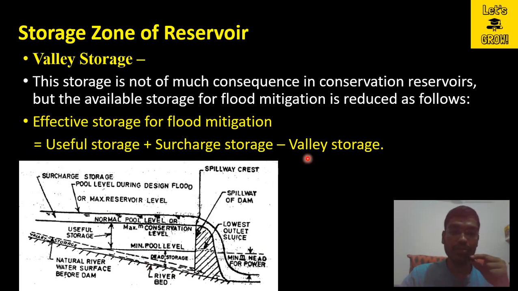So we have to subtract the valley storage also, because the dam's storage is the useful storage and surcharge storage. But if we talk about the net effective storage, then we have to subtract the valley storage, because this valley storage was already present before the construction of this dam.